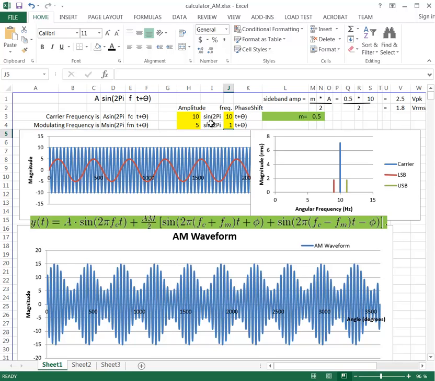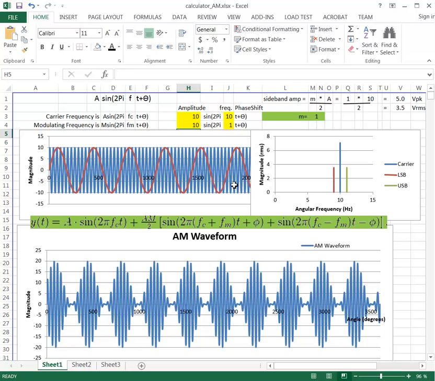We could make, for example, the modulating wave the same magnitude as the carrier wave. The ratio of 10 to 10 is 1, so that would give us a modulation index of 1. There it is there.